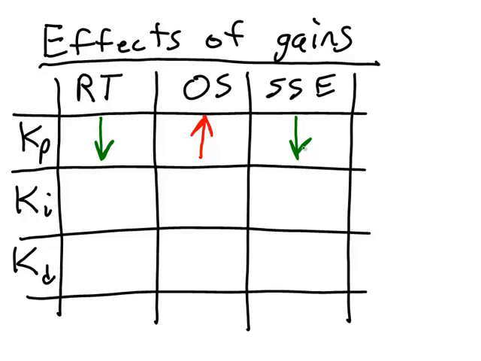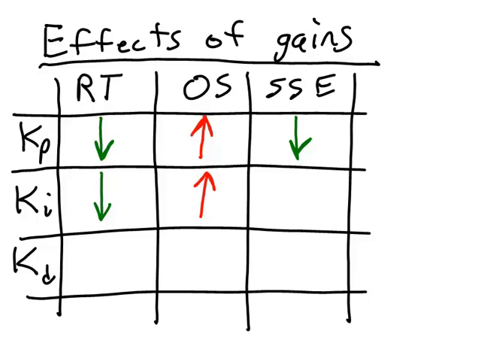Increasing the integral gain also has the effect of decreasing the rise time. And it also has the negative effect of increasing overshoot. In fact, sometimes adding integral gain can actually make a system go unstable. So you really only want to use it for the purpose of decreasing the steady state error.